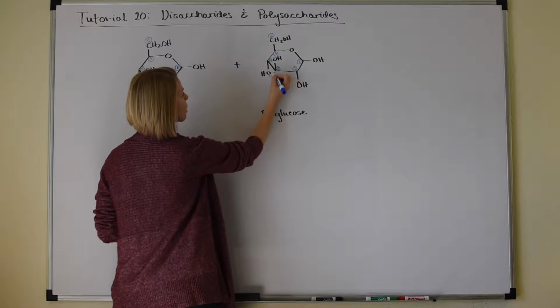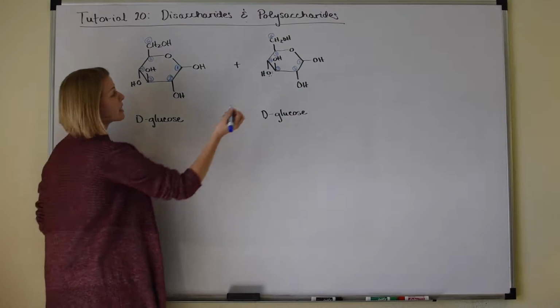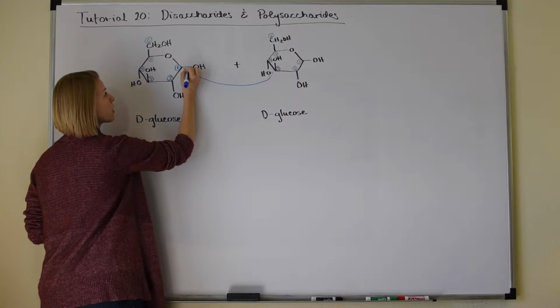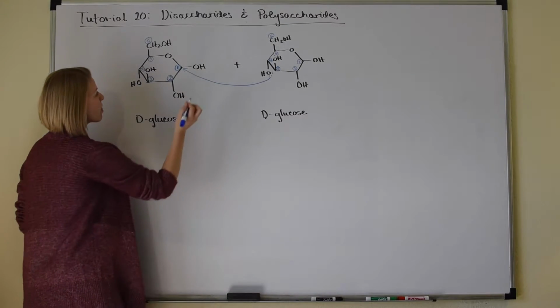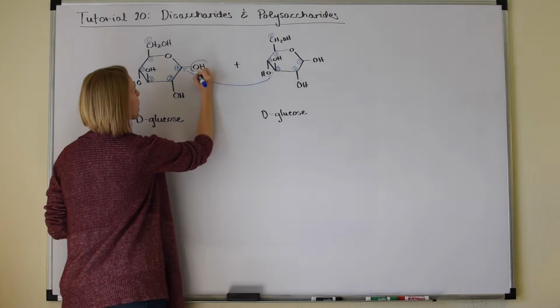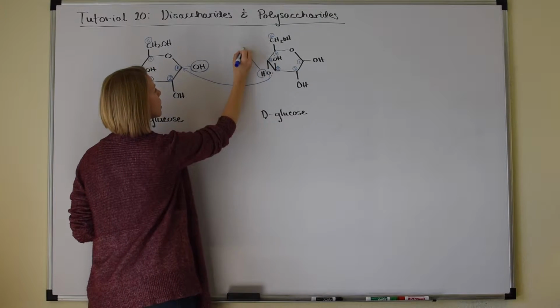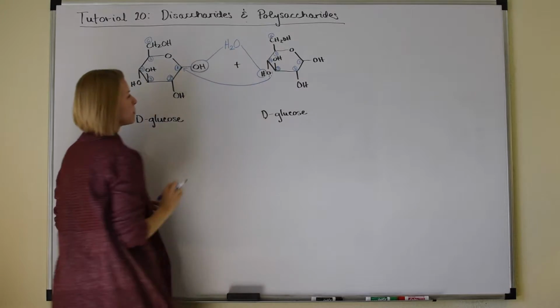So I'm going to go ahead and draw my lone pairs. I'm going to draw that arrow. Remember, that's not a mechanism. It's just meant to help you remember what new bond forms in this reaction. And then we're going to lose OH and H as H2O. Okay.